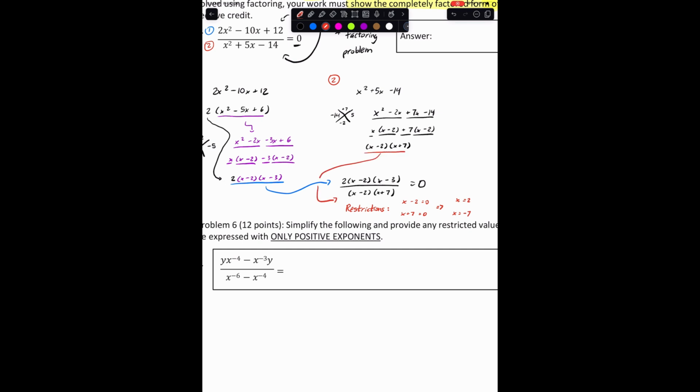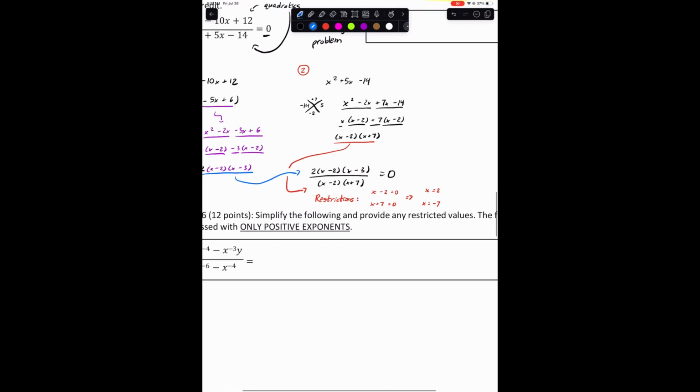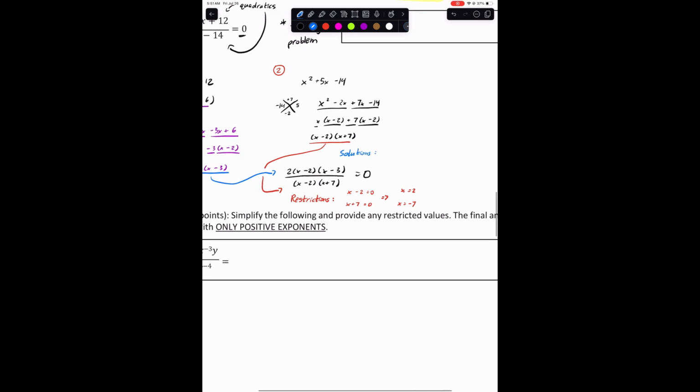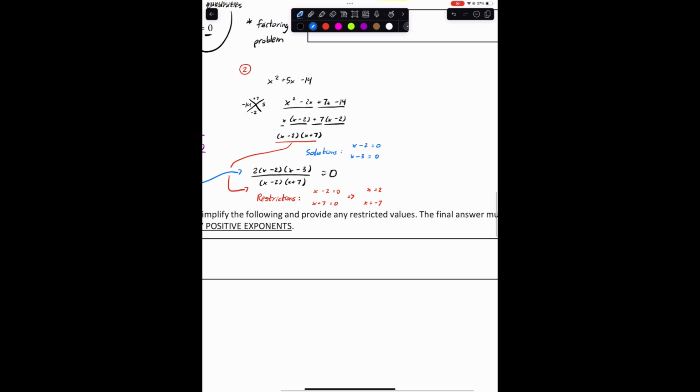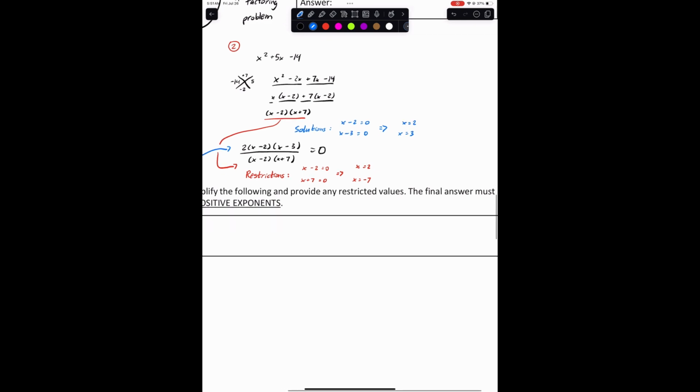For my solutions, I need to set my numerator to 0. That 2 doesn't really mean much, but I need x minus 2 equals 0 and x minus 3 equals 0. And this leads to x equals 2 and x equals 3. Now, you will note that x equals 2 is both a solution and a restriction.